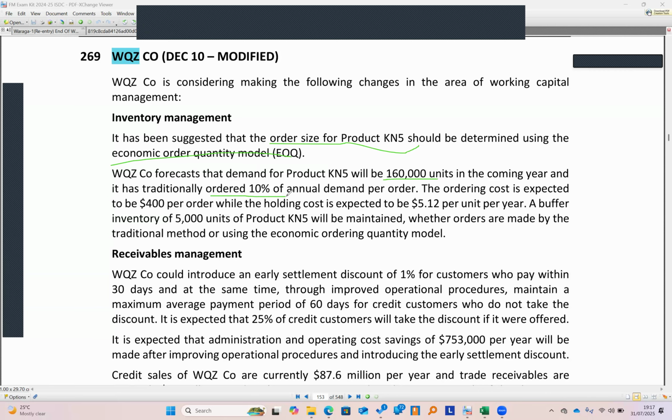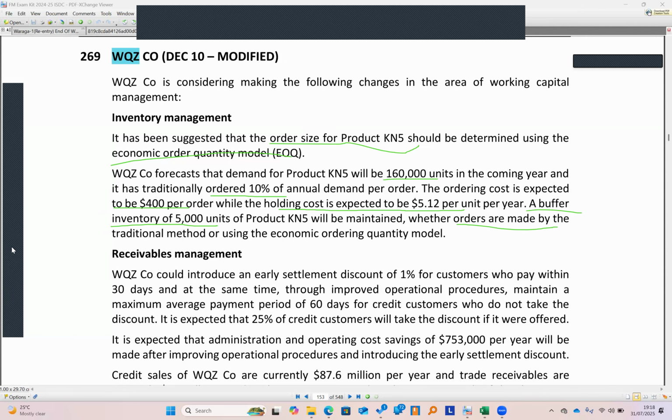We have been ordering 10% of annual demand per year. Then the ordering cost is expected to be 400 per order, but the holding cost is 5.12 per unit per year. We do have a buffer inventory of 5,000 units, whether orders are made by the traditional method or using the economic order quantity model. We shall try to explain some of these items as we go.